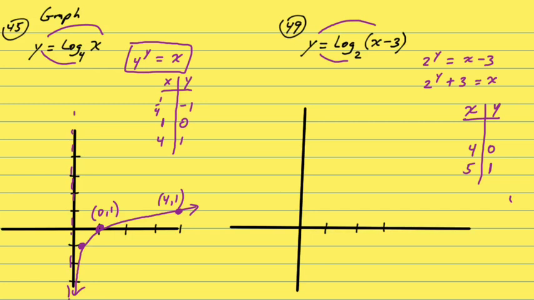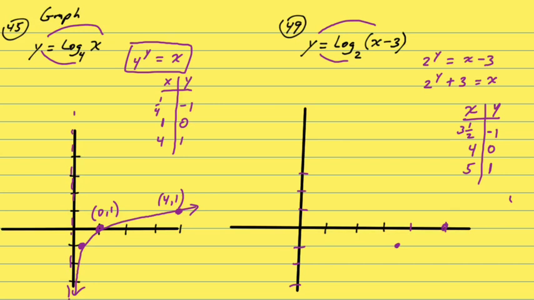How about if I put in a negative 1? 2 to the negative 1 is 1/2. 1/2 plus 3 is 3.5. So what I have here is 3.5, which is about here, negative 1.